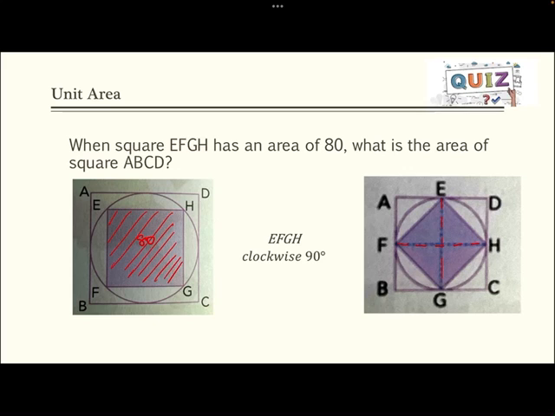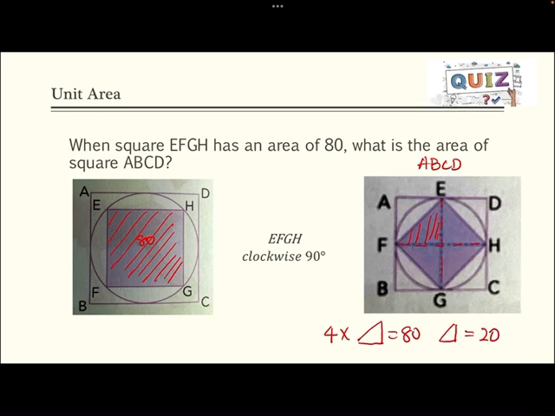Then we can find out we cut the whole area ABCD into identical triangles, and this is the unit piece, right? We know that since EFGH is 80, 4 of these small triangles equal 80. So every one small triangle, the unit one, is 20.